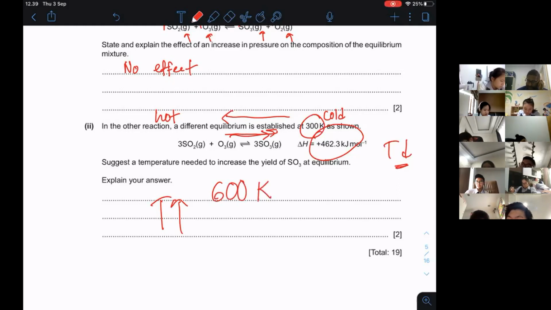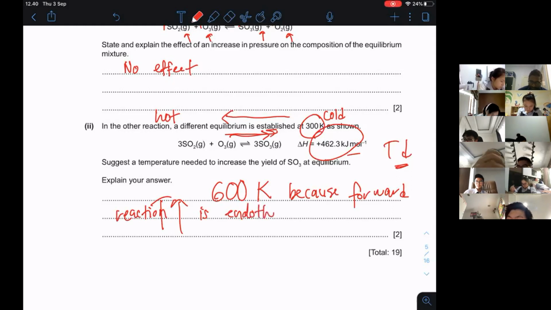600 Kelvin. Why? Because the forward reaction is endothermic, and increasing the temperature favors the forward reaction.